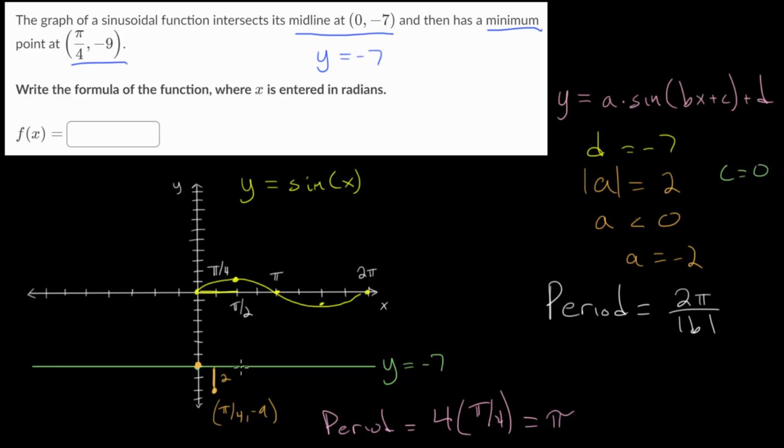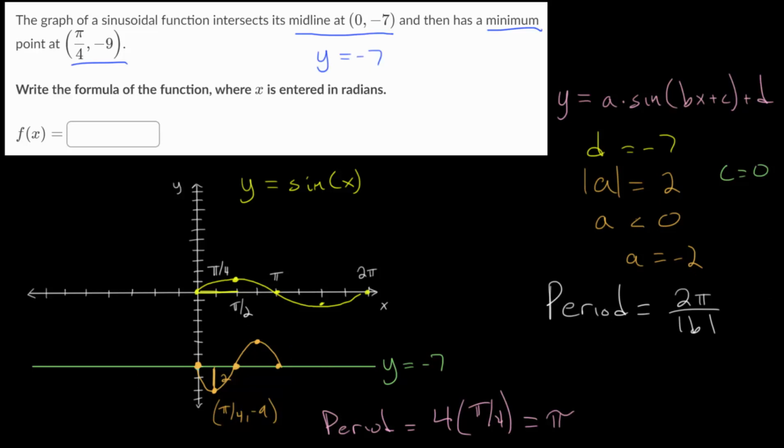So the next key point, this next midline intersection point, would be at pi over 2 radians, and then we would go to a maximum after that at 3 pi over 4 radians, where the y value would be at -5, and then at pi we will come down to finish one period. So if we were actually graphing our curve, it would look something like this. This is just one period and then would repeat after that.